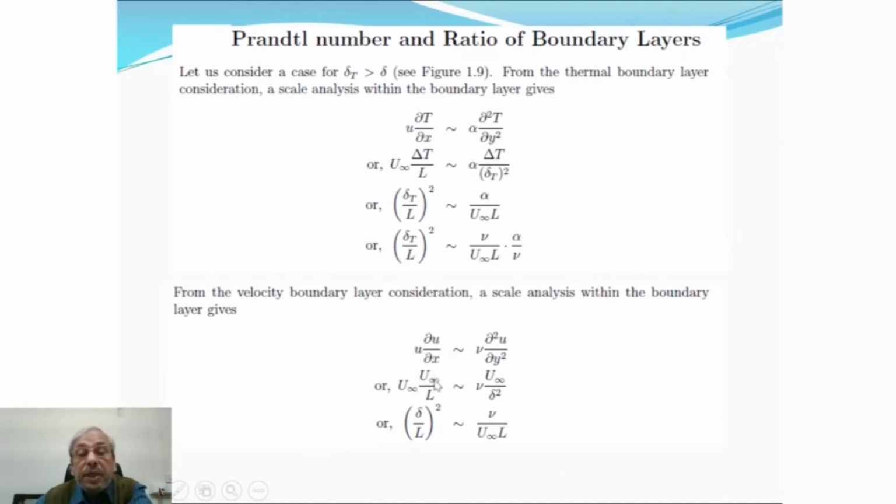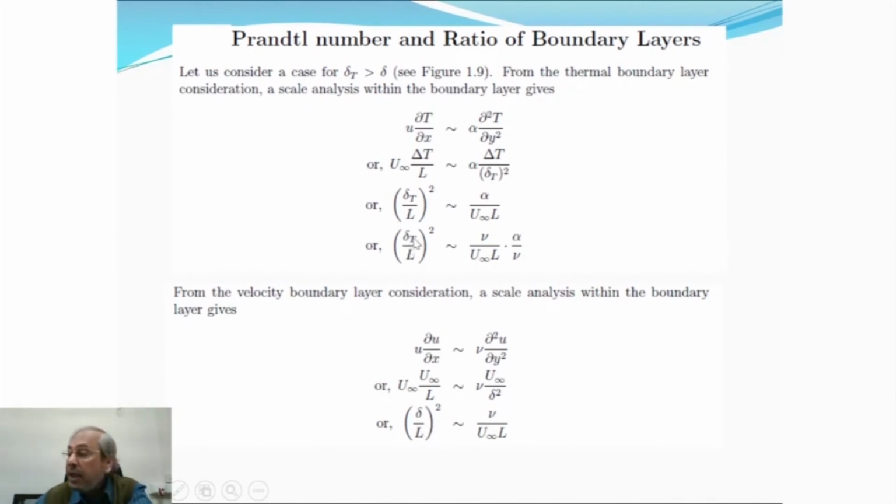So U∞ into U∞ by L is proportional to ν U∞ by δ squared. So from here we can write δ/L squared, where this δ is the velocity boundary layer thickness, is ν by U∞ into L. So for the thermal boundary layer thickness we get an expression, and for the hydrodynamic or velocity boundary layer thickness we get this expression.